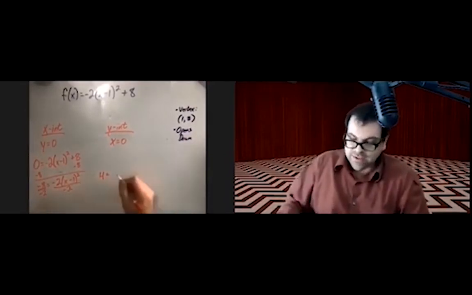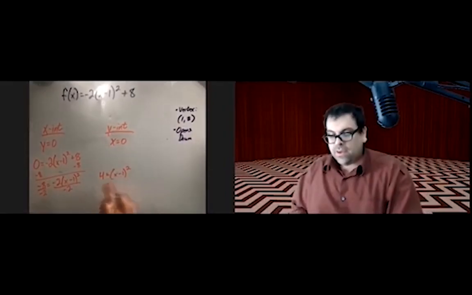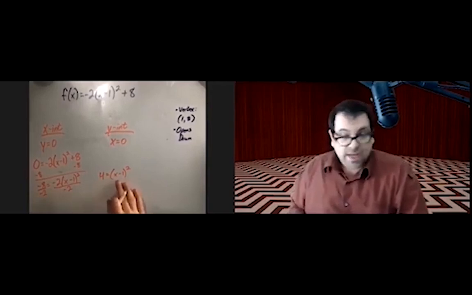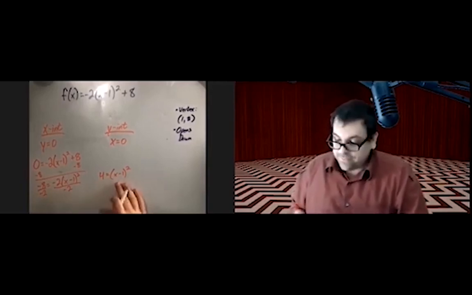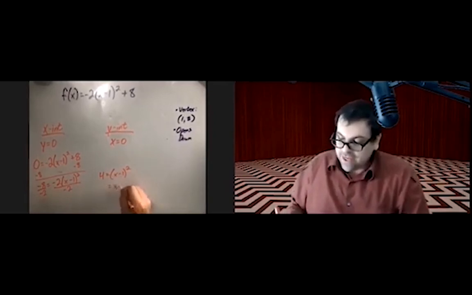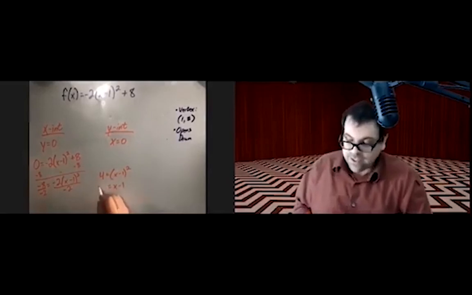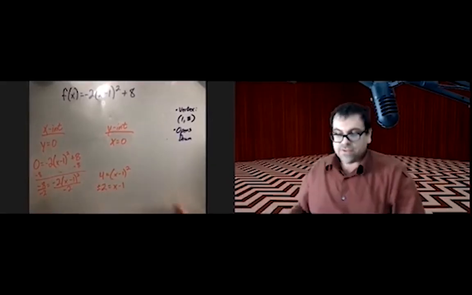These -2's cancel. That leaves us with the x minus 1 squared. To get rid of the squared, we take square roots of both sides. So that just leaves us with x minus 1 on the right, but on the left, the square root of 4 is going to be plus or minus 2.